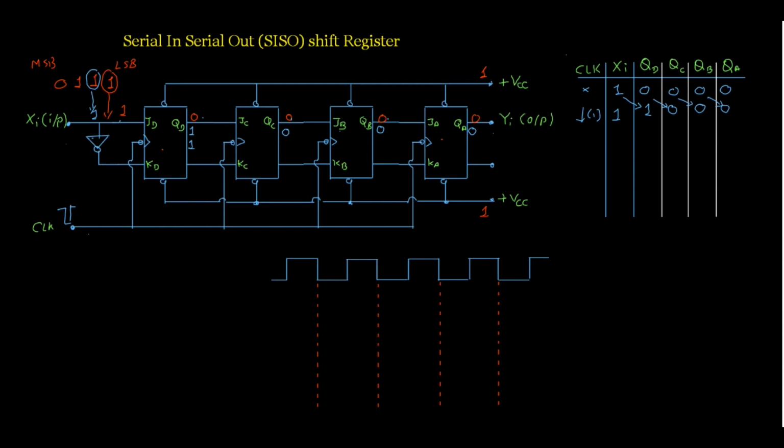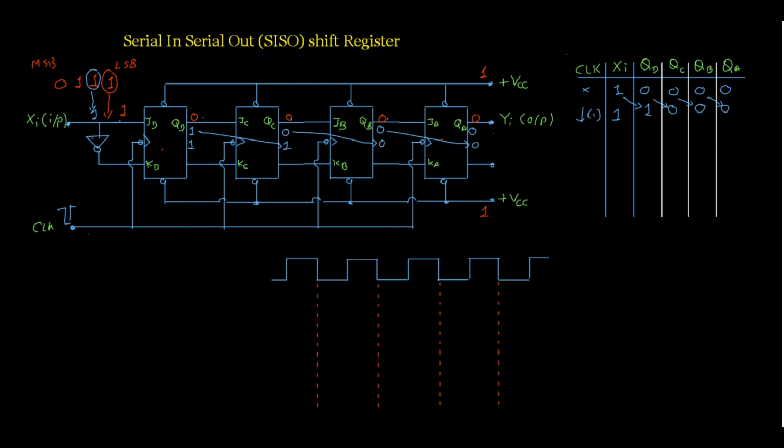Then at that time the input to the C flip-flop is 1, and it is going to be transferred to the output of the C flip-flop, which becomes a 1. Here the input to this B flip-flop is 0 and it is going to be transferred here. The input to the A flip-flop is also 0, so it is going to be transferred here.